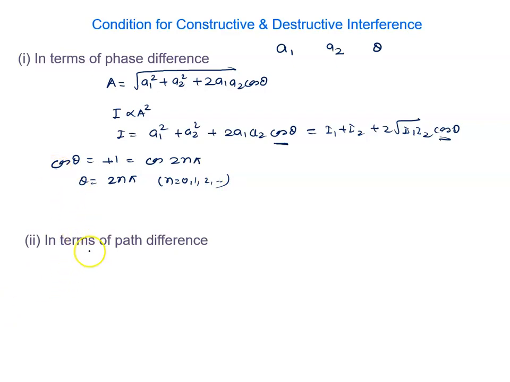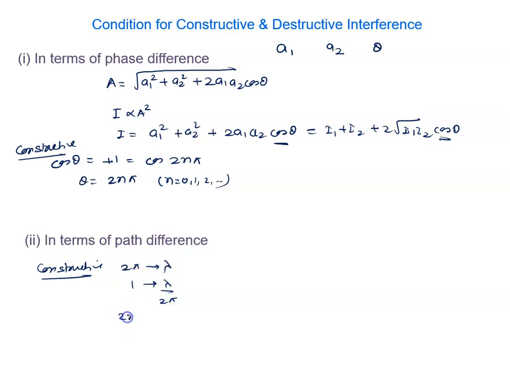अगर constructive interference के लिए मैं path difference की बात करूँ, this is I am writing for constructive interference, and for the path difference also for the constructive interference. We know if phase difference is 2 pi, path difference is lambda. If it is unit, then it is lambda upon 2 pi.